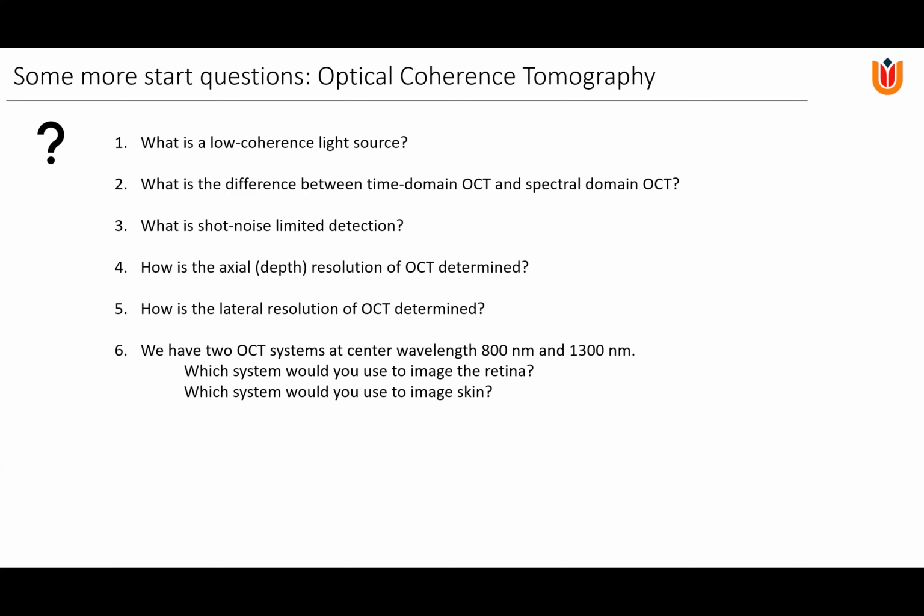So if you would start with a laser source with an interferometer, you have a beam splitter here that splits the light. One part goes to a reference mirror here.